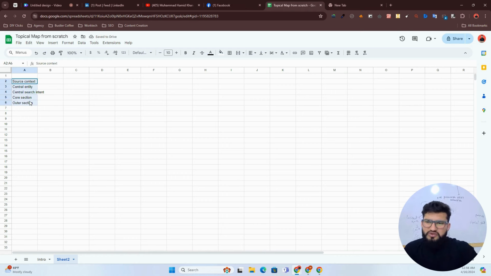These are the main components of a topical map. Further, if you want to drill down, you can write root seed node, sorry, node, and for node you can write typical node or normal node, and quality node.